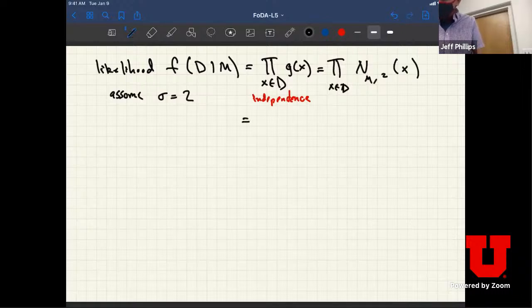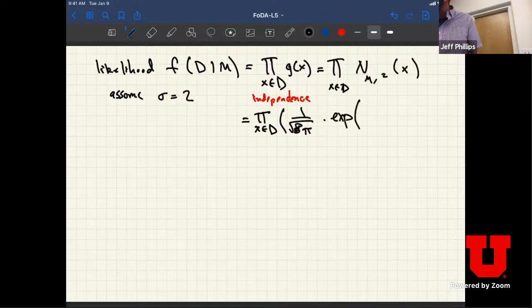When I write this out, it's the product over x in D of 1 over the square root of 8 pi, because the standard deviation 2 squared is 4, times 2 times pi under the square root.